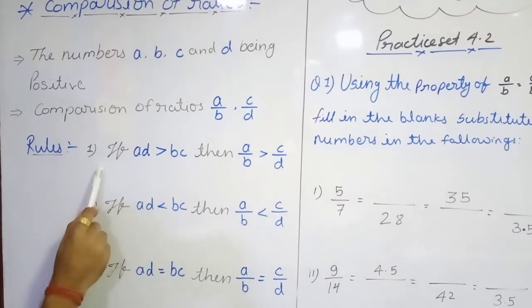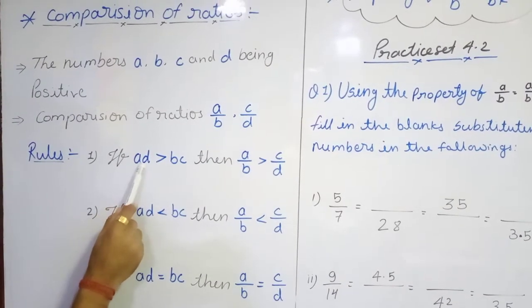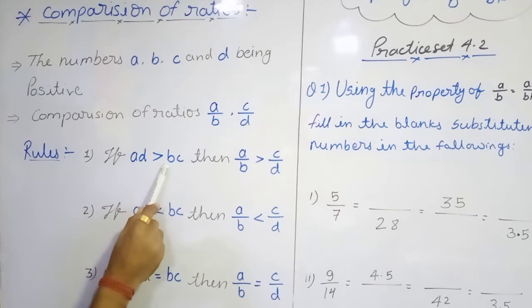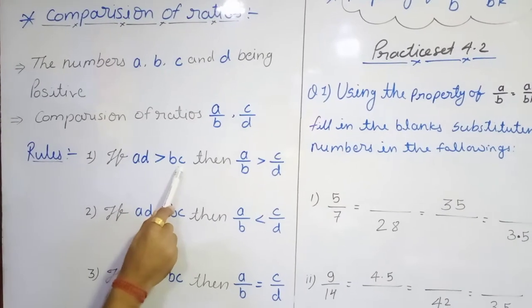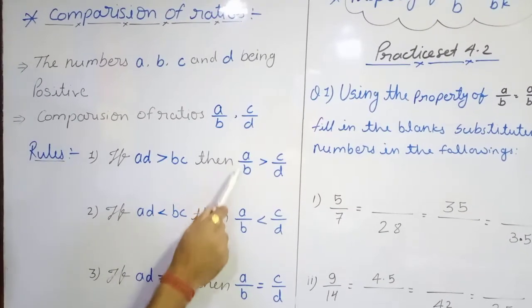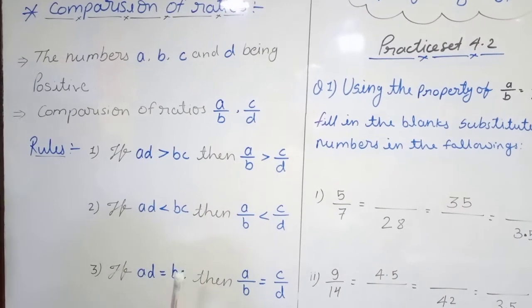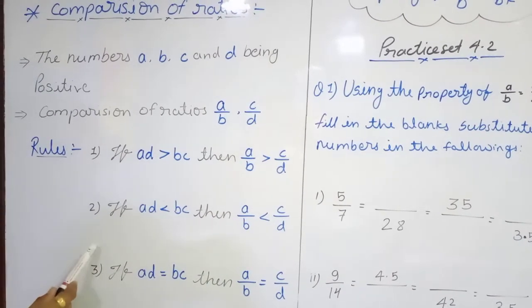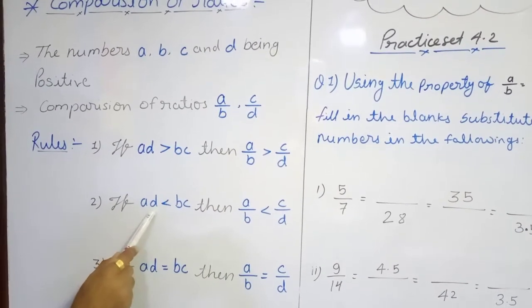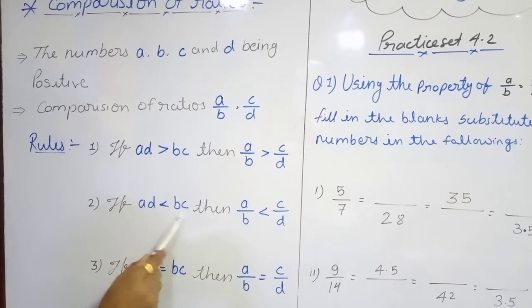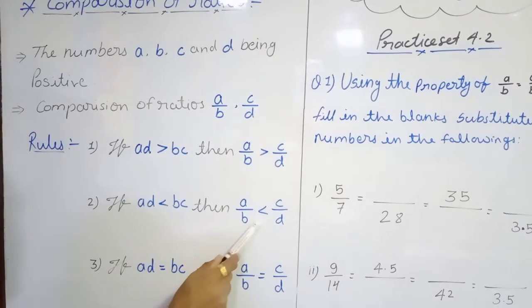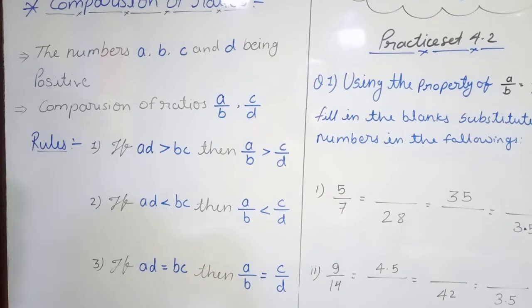Rule number 1: if A into D is greater than BC, AD greater than BC, then we can say A upon B is greater than C upon D. The second one: if AD is smaller than BC, then A upon B is smaller than C upon D.